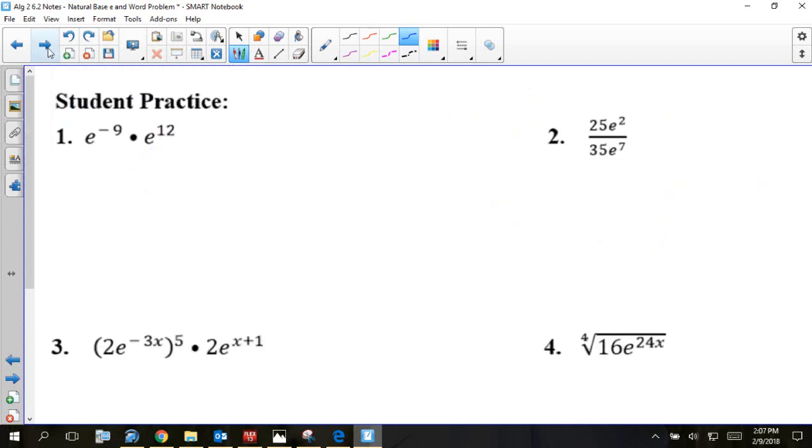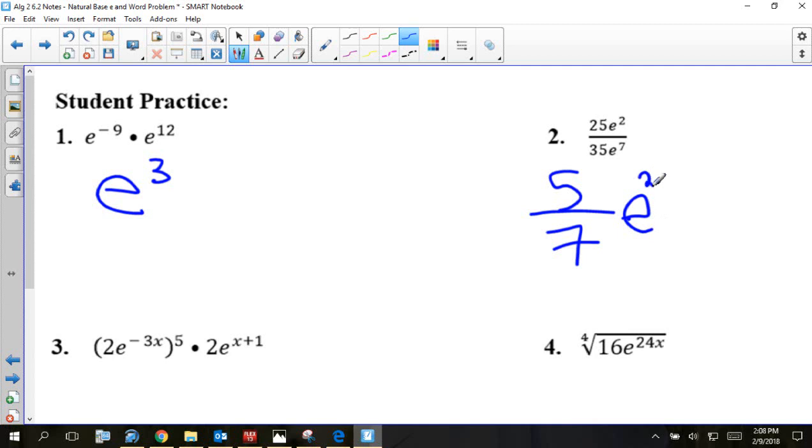So here's a few more student practice. Let's do them together. E to the negative 9 times e to the 12. Keep the same base. Add your exponents. E to the third. Divide 25 and 35. 5 over 7. Now what do we do to the e's? Same base.